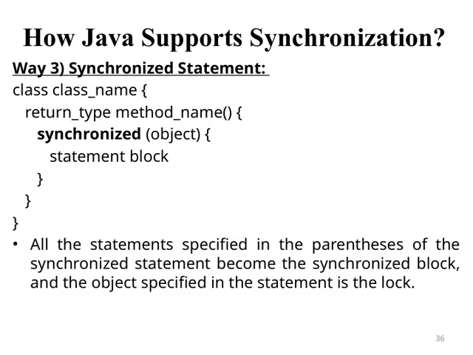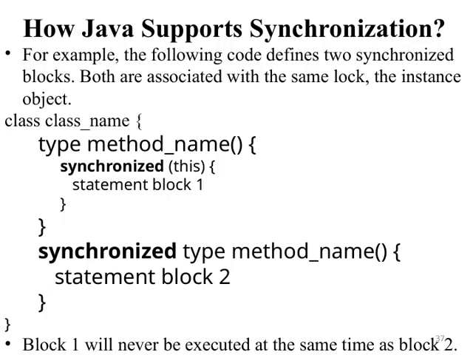concurrency control in Java. Now let's look at how Java supports synchronization with an example. In this code, we have two synchronized blocks that are associated with the same lock, which is the instance object itself. Notice that one block is a synchronized block explicitly locking on this, and the other is a synchronized method.